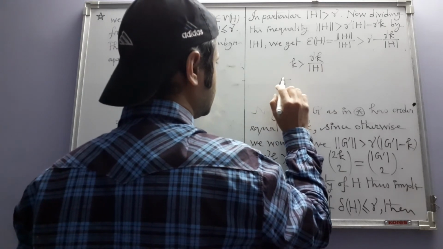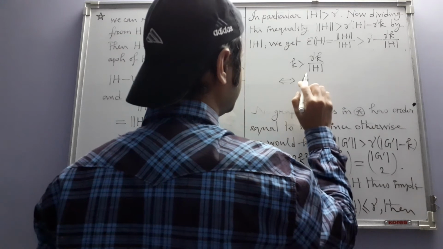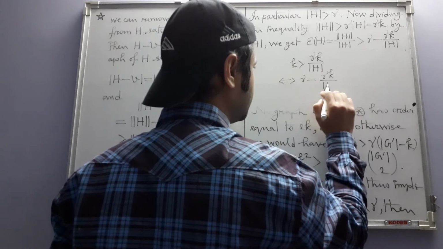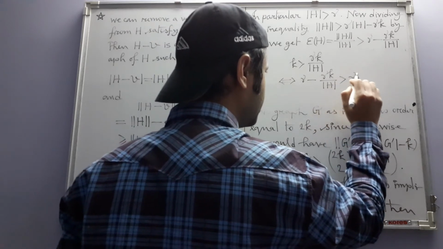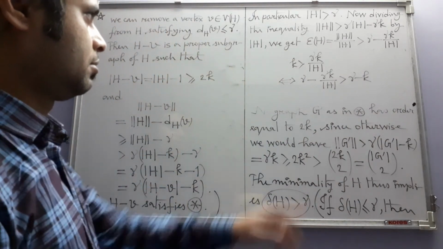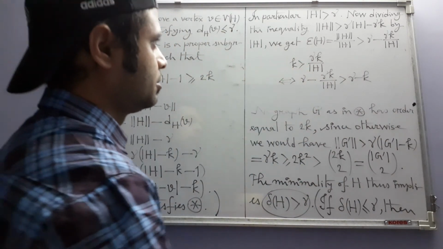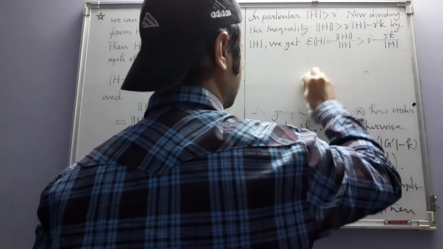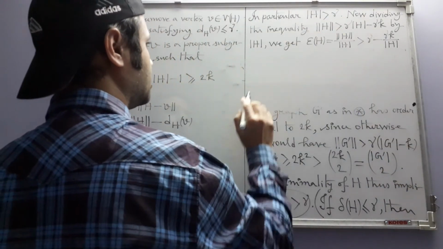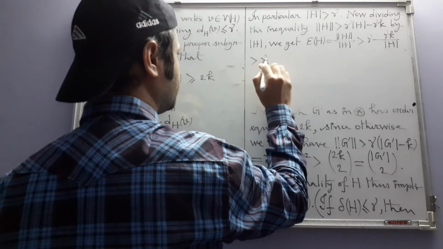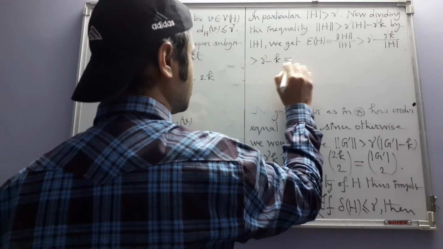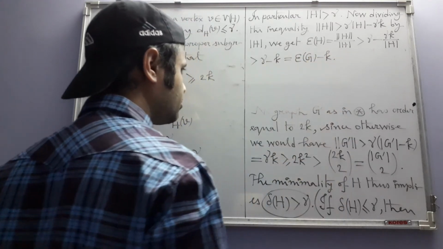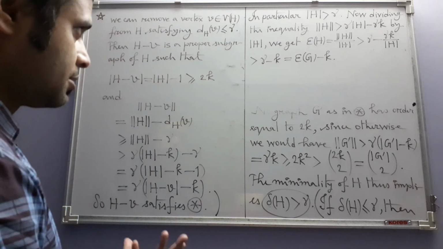And this in turn is equivalent to gamma minus gamma k divided by order of H greater than gamma minus k. This comes on this side, that goes on that side. So this quantity is greater than gamma minus k, and gamma is what? Epsilon of G minus. I don't really know how one comes up with this sort of arguments.